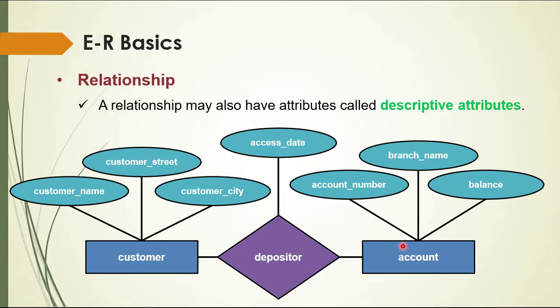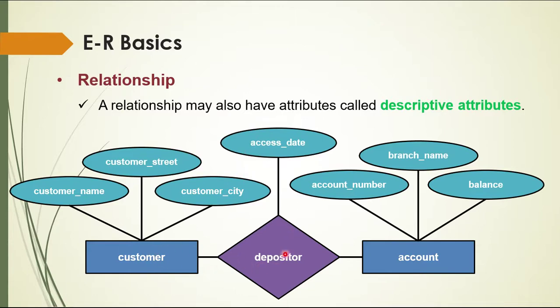Clear? Now see here, a relationship may also have an attribute, and it is known as a descriptive attribute. Here we have a customer, account, and the relationship is depositor. Okay, so customer deposits money into the account. I write the attribute access date. So customer can access the money from a particular date.